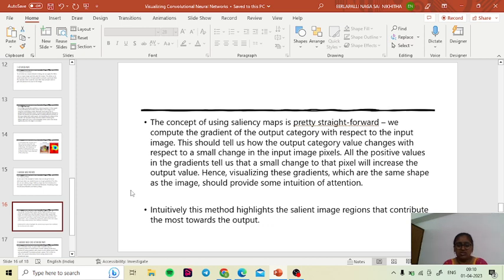All the positive values in the gradient tell us that a small change to the pixel will increase the output value. Hence, visualizing these gradients, which have the same shape as the image, should provide some intuition of attention. Intuitively, this method highlights the salient image regions that contribute the most towards the output.